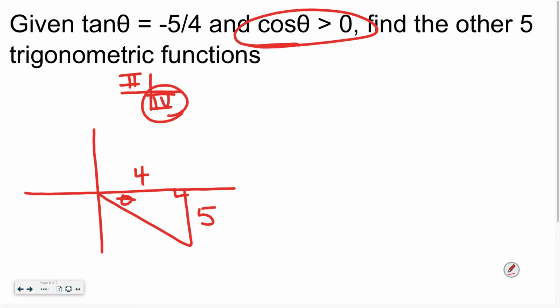What would our hypotenuse be? Not quite. It's a little bit under 7. Radical 41.